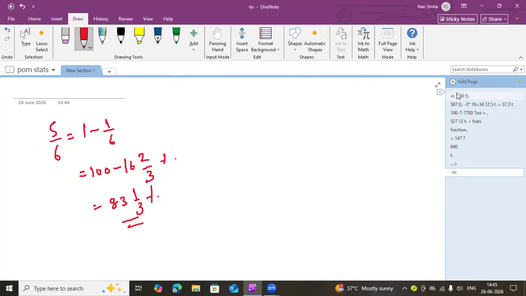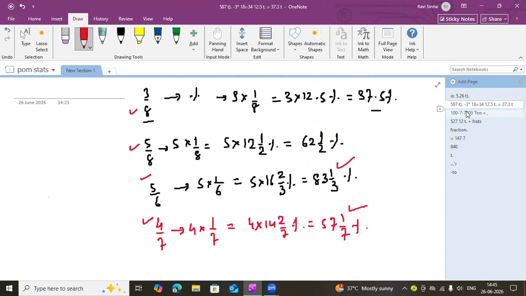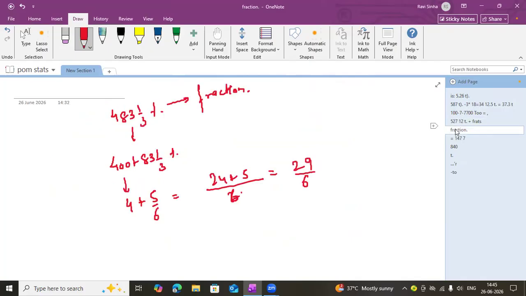So we have covered some important concepts of percentages today: how to convert these basic values into fractions, into percentages, and remember these values. These 15, 20 values we need to memorize. And then we did some applications, how to convert percentages into fractions and fractions into percentages by memorizing these conversion values.